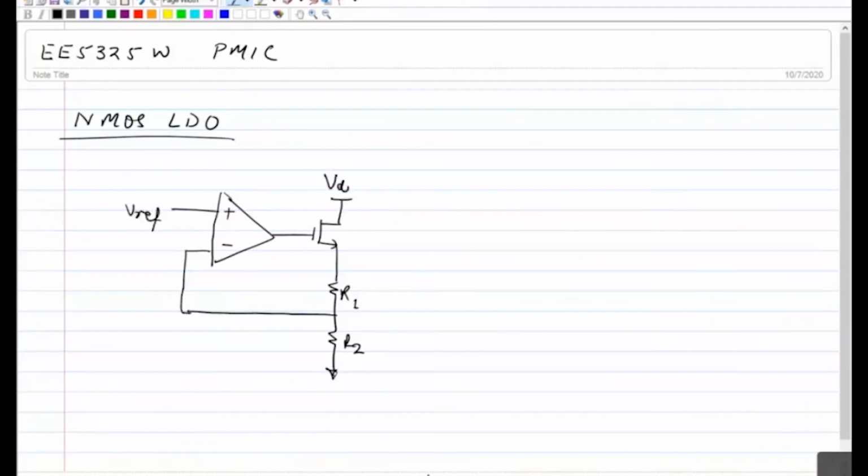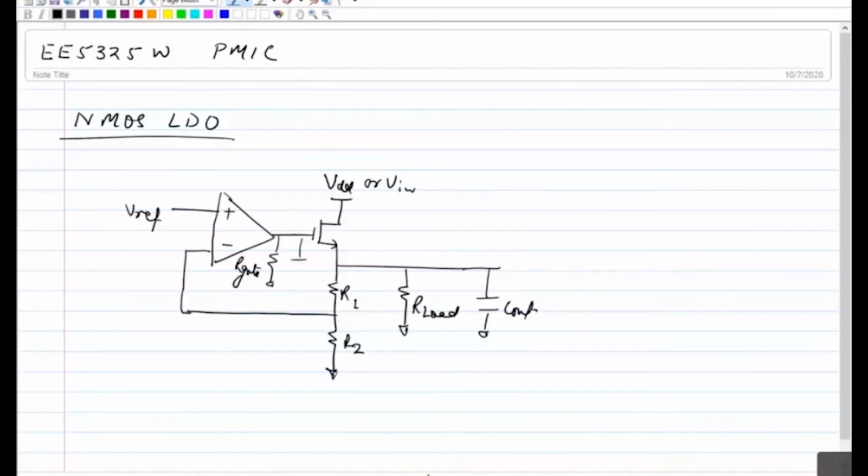This is your VDD or Vin, whatever you want to call it. And then you have R load, C out, and here you have the same R gate.